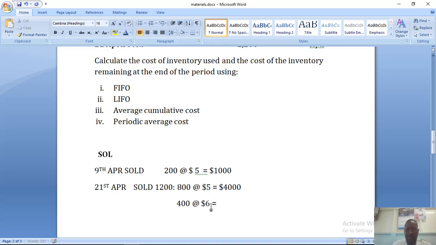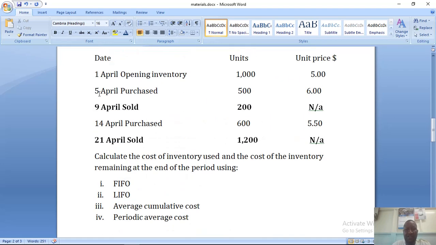Why $6 per unit? It's because this is the price for the second earliest consignment received. It's valued at 6. So if we issue 400 from there, we value that at 6, and we'll be remaining with 100 units from the consignment received on the 5th of April.